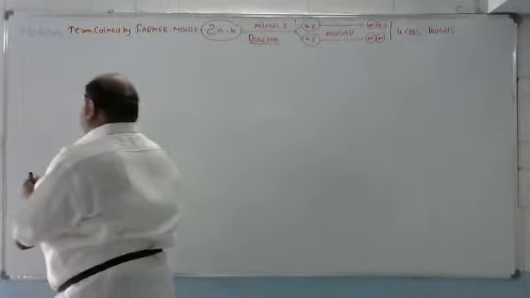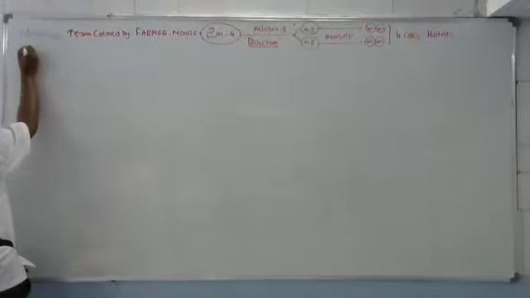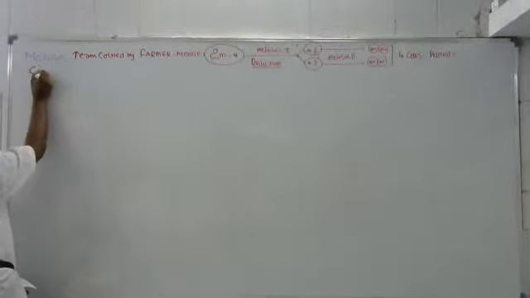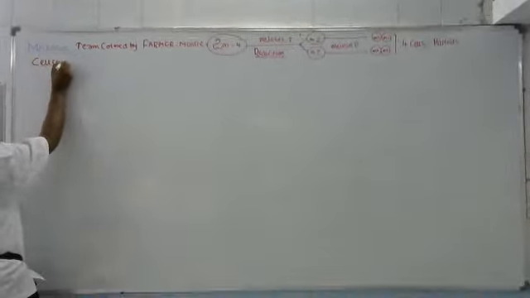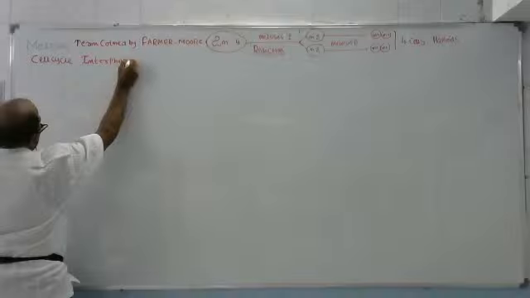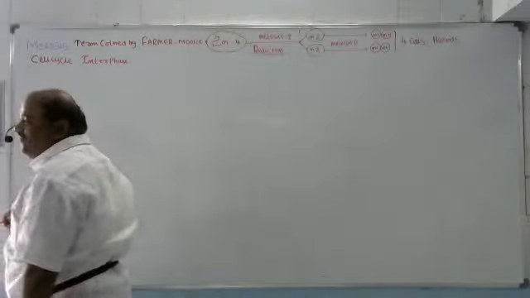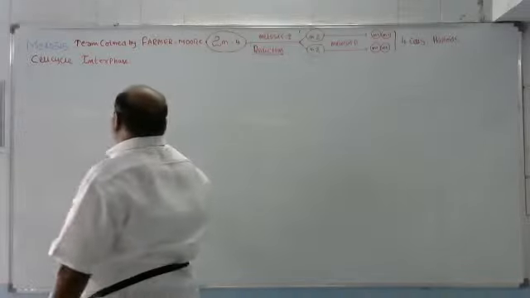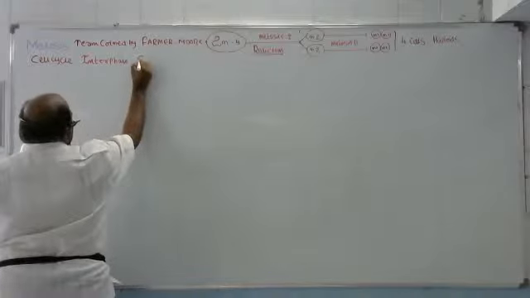We will discuss. We know the process. What is the process? Cell cycle. In the cell cycle, the first phase is which phase? Interphase. Okay. In interphase, what happens?